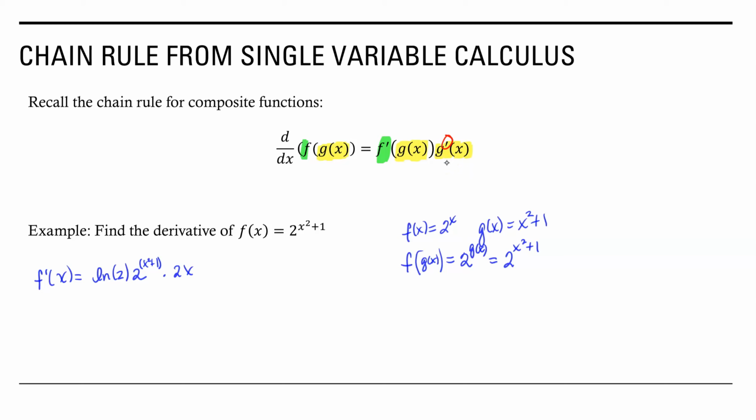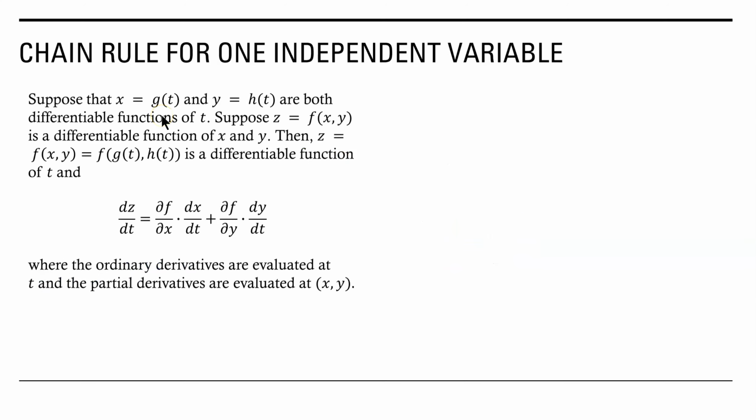So now let's take a look at how we approach the chain rule when we have a function of two variables. Here we have a statement of the chain rule in the case where we have one independent variable. We're supposing that x is a function g of t, y is a function h of t, and both of those are differentiable functions of t.